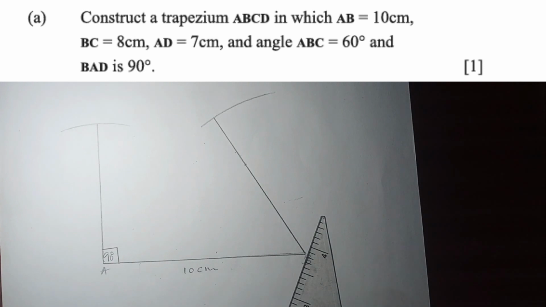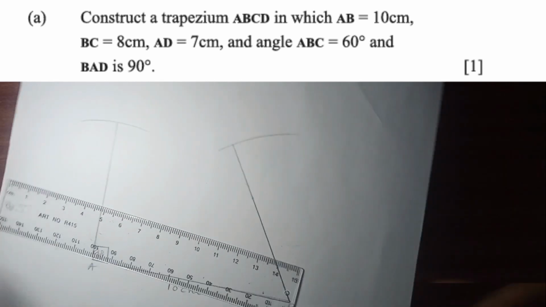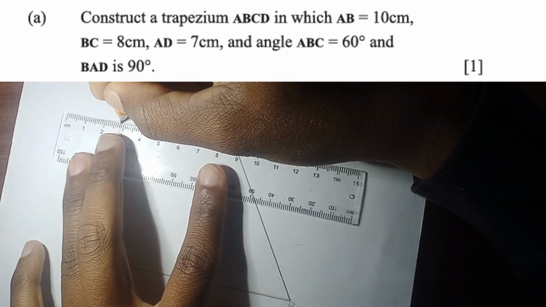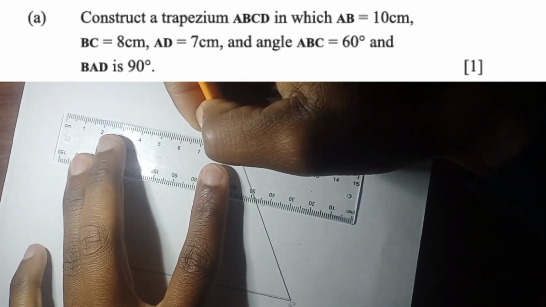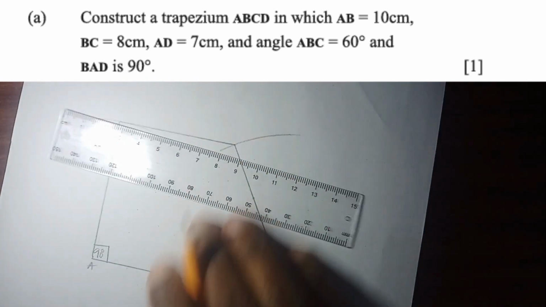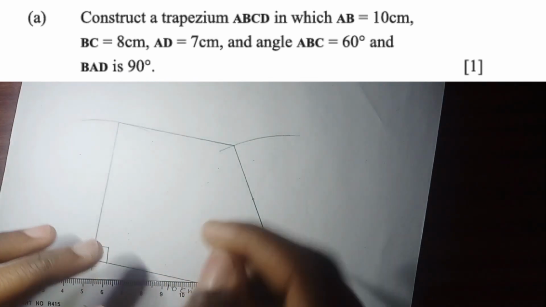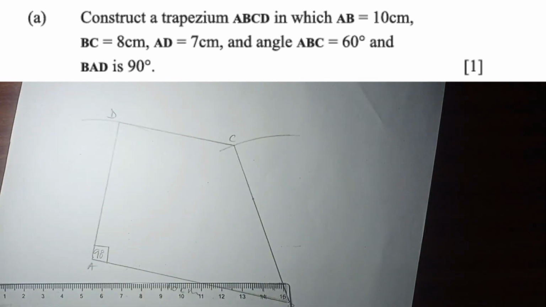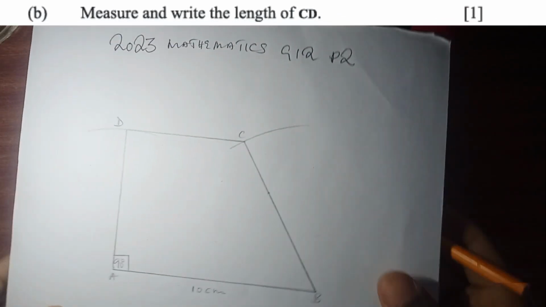All we need to do is just join these lines to create a complete shape. And as you can see, we have scored 1 mark for that. It may look small, but in this topic, the marks always add up.